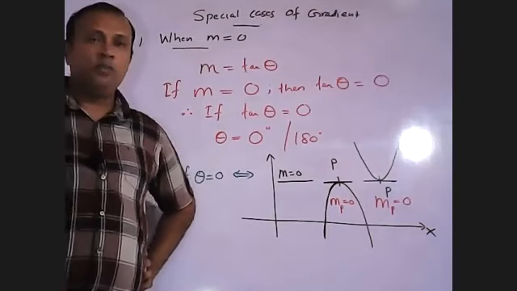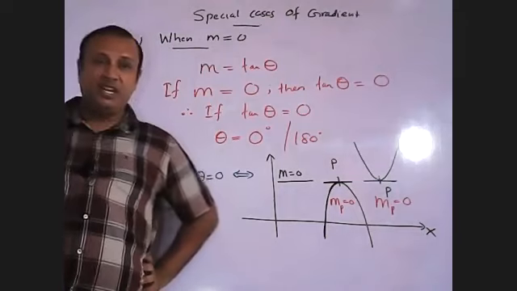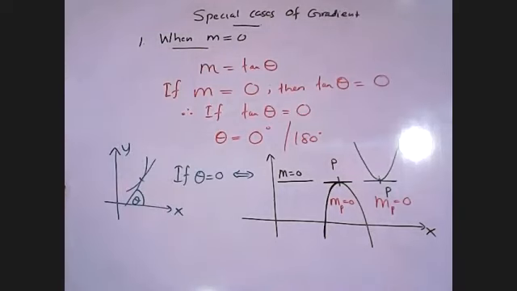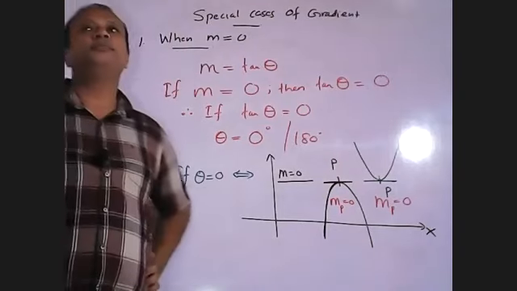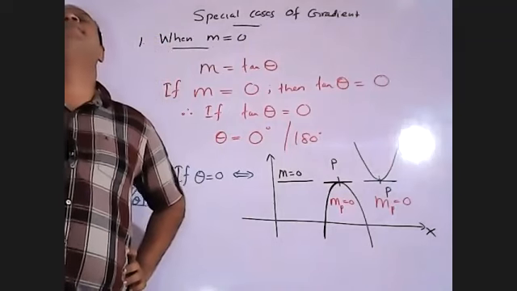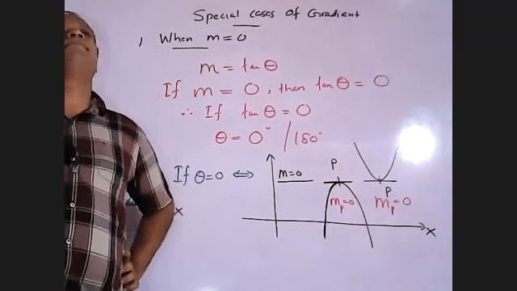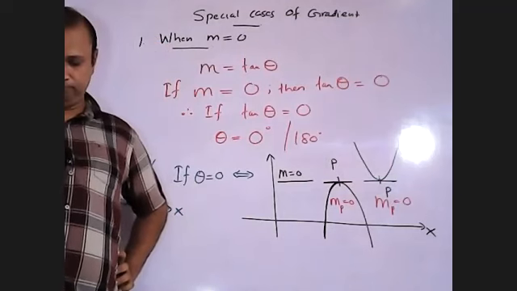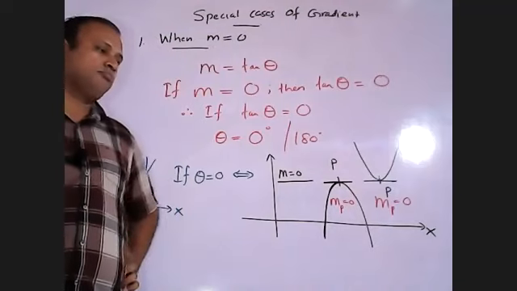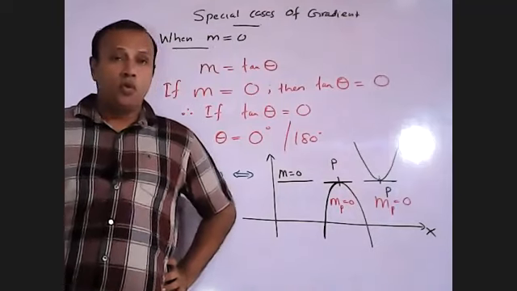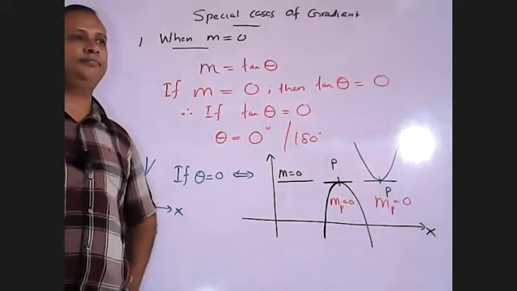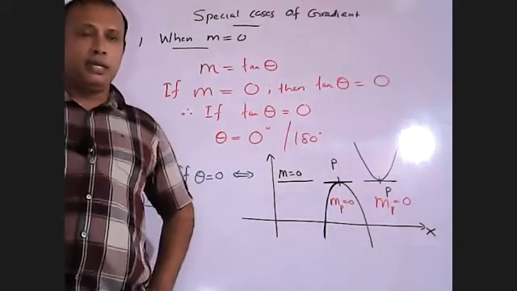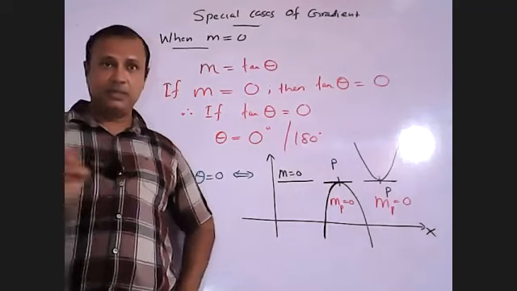Gradient is a tan value. Therefore, when m is equal to 0, tan theta should be equal to 0.